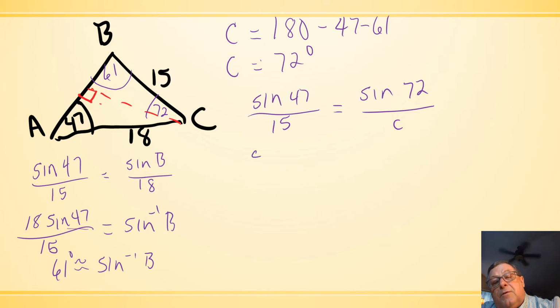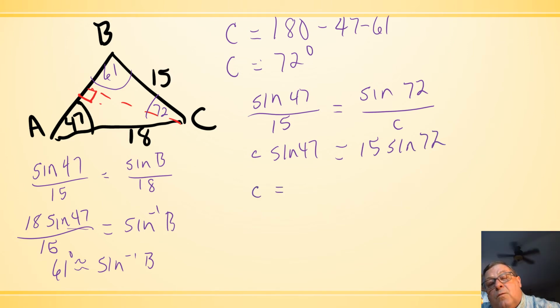So side c equals 15 times the sine of 72 over the sine of 47.